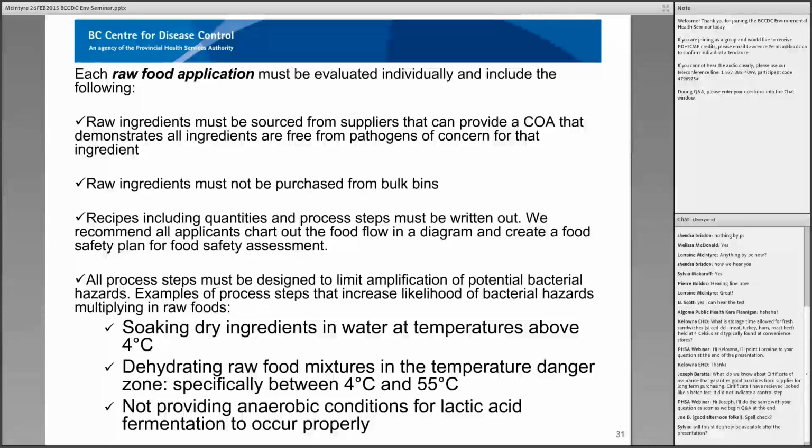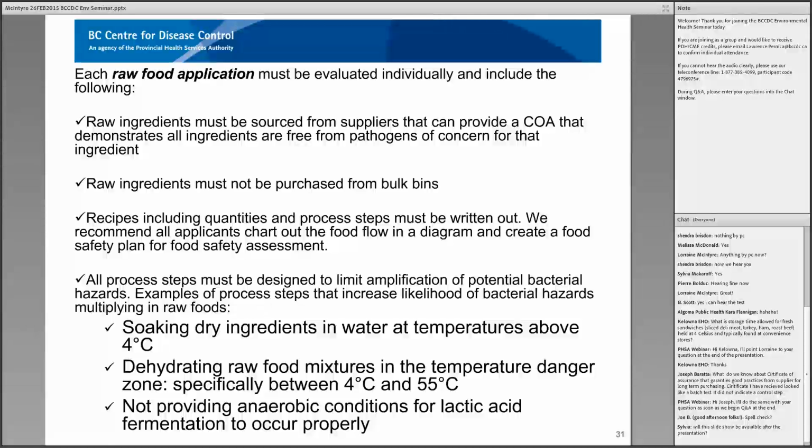We strongly recommend that people making these things provide the EHO or the market manager approving the recipes with a chart of the food flow, a proper recipe, and a food safety plan. And the last one is the most important: the process steps must be designed to limit amplification of potential hazards. Some of those steps are soaking dry ingredients in water at temperatures above 4 degrees C.